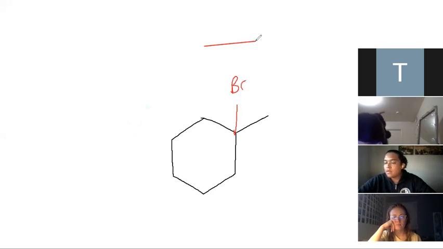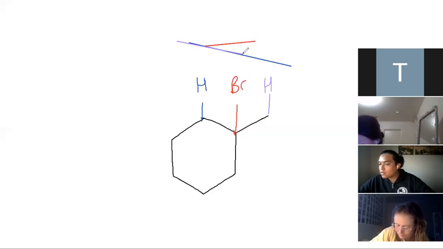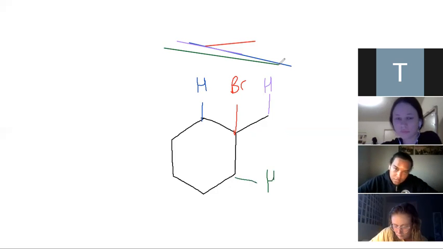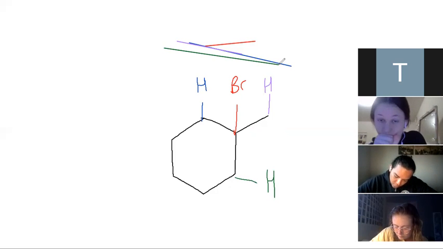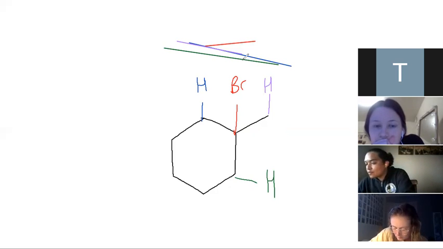All right, so now we have a hydrogen here. Right, there's 3 there, but I'm just drawing one of them. And then we have hydrogens here, like that. So the carbon with our leaving group, you know what that's called?